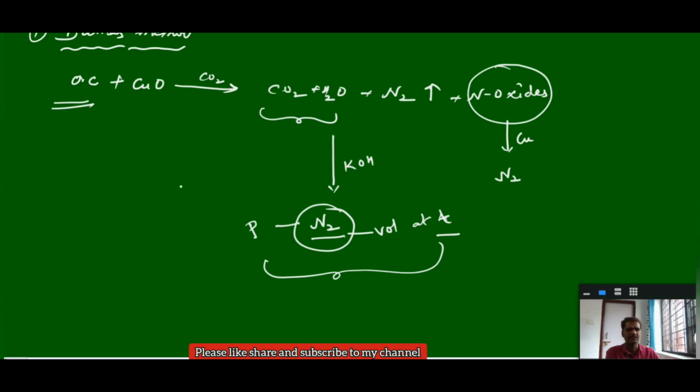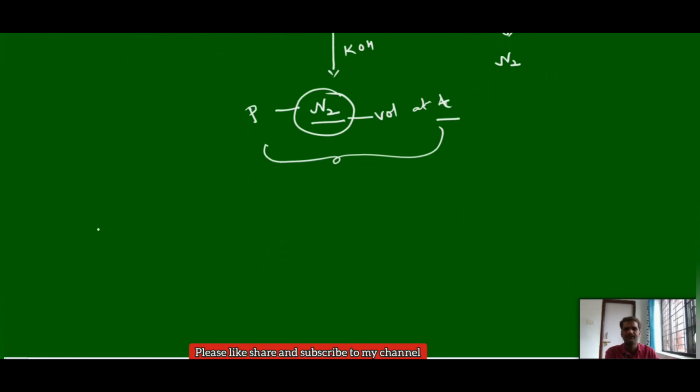Once again, we take the organic compound and treat it with cupric oxide. It produces carbon dioxide, water, nitrogen gas, apart from the nitrogen oxides, and these nitrogen oxides, if you pass over copper, you will get pure nitrogen. So now you have the mixture of carbon dioxide, water and nitrogen.